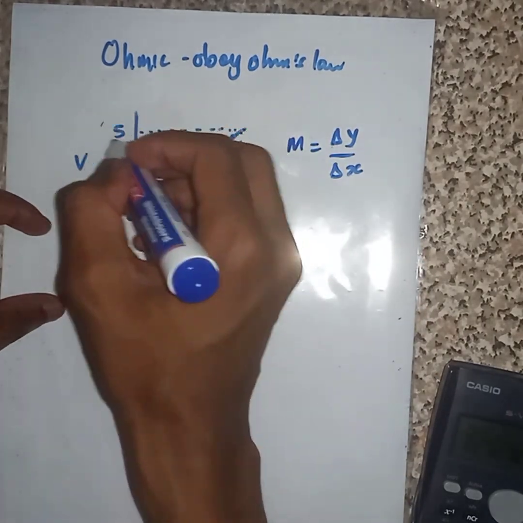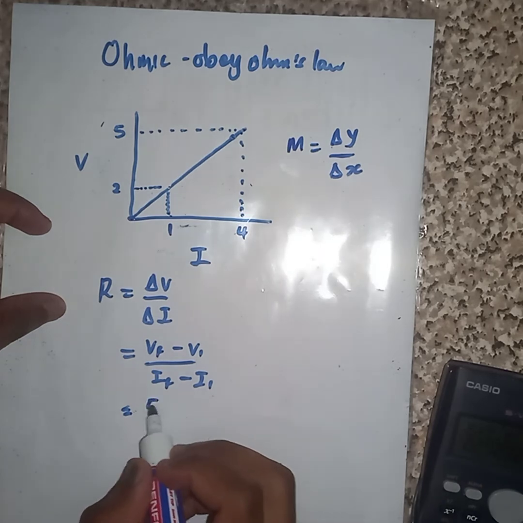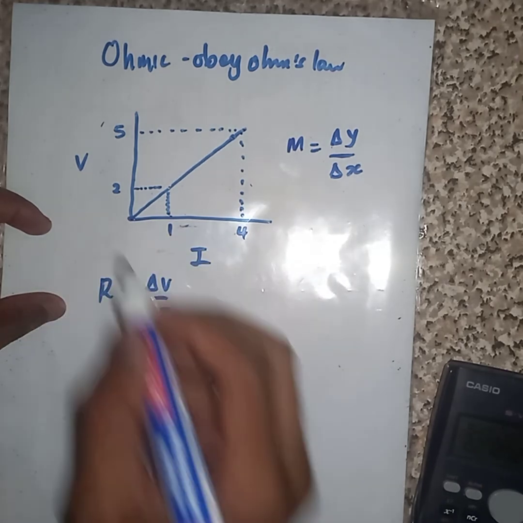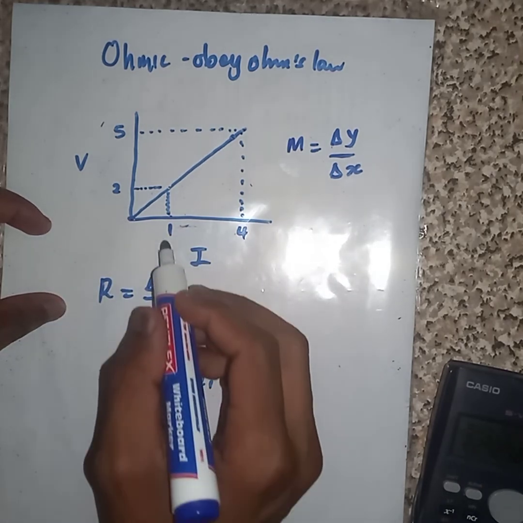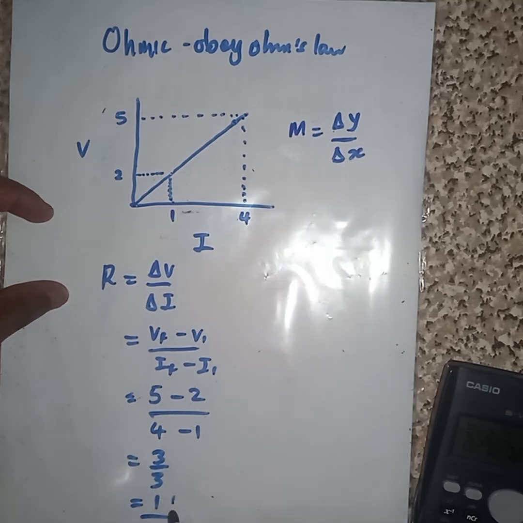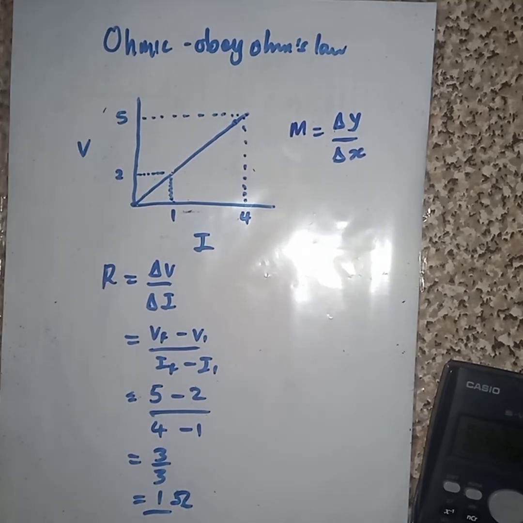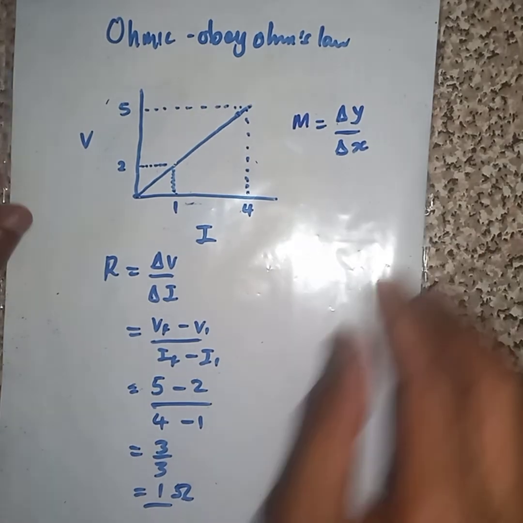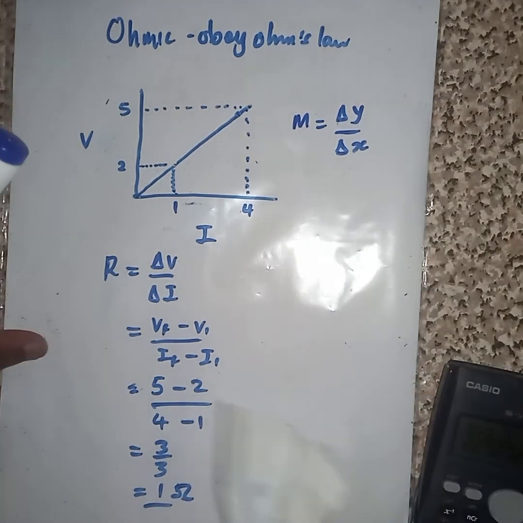Now we take these values and substitute them here: 5 minus 2 divided by 4 minus 1. Then you get 3 over 3, which is 1. See? 1 what? Ohm. I wanted to clarify the concept of the gradient. Then now I continue.